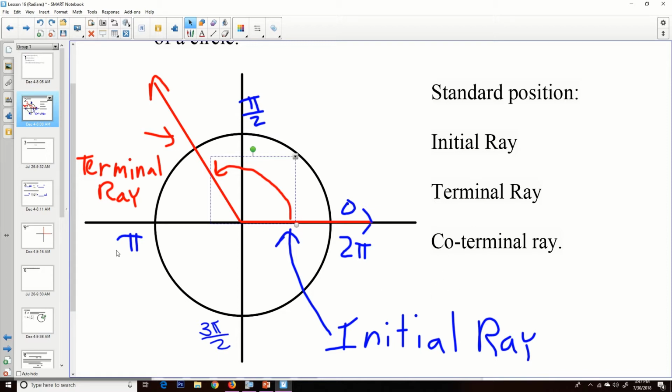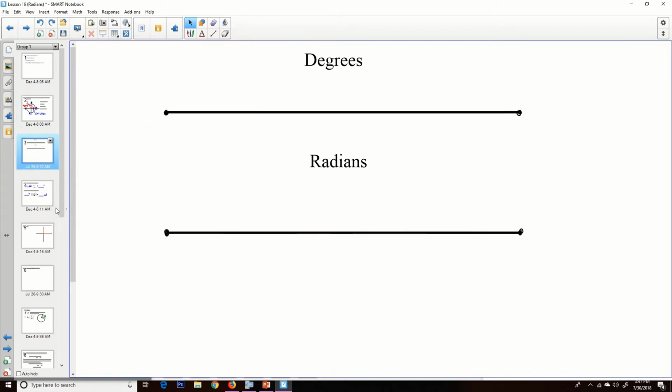Now, I know so far you're probably real confused because we've got these curves. Let's talk about it in terms of lines, like a number line. You are used to, up until this point, having 0 degrees being the smallest angle, and then all the way around the circle being 360 degrees.